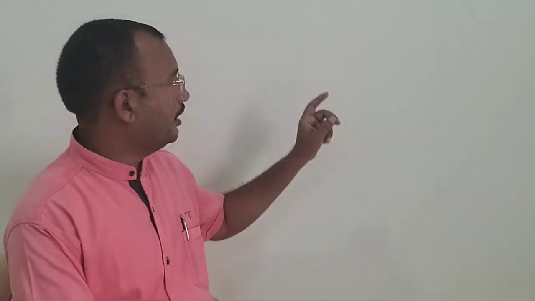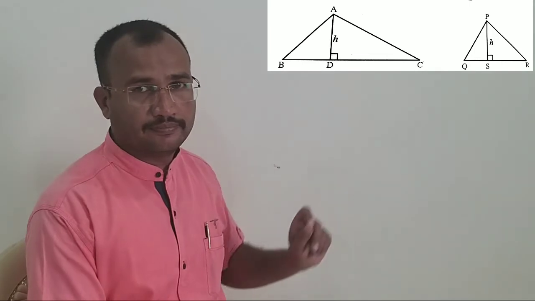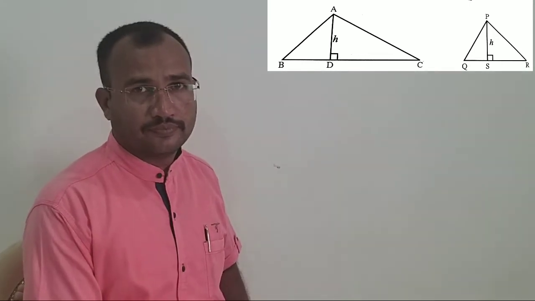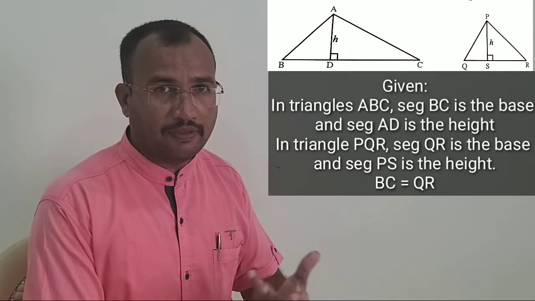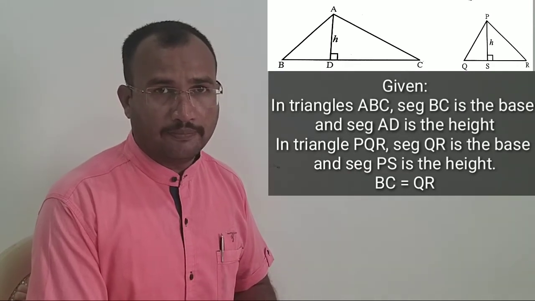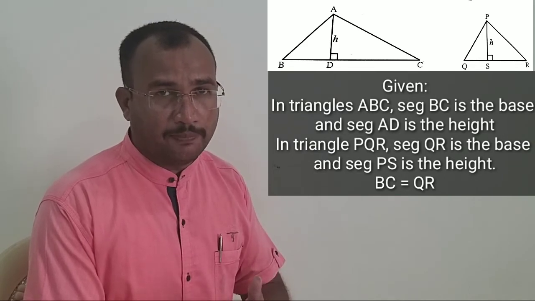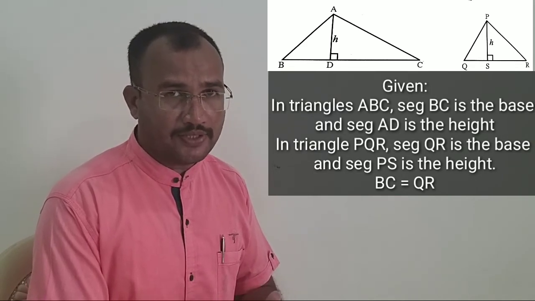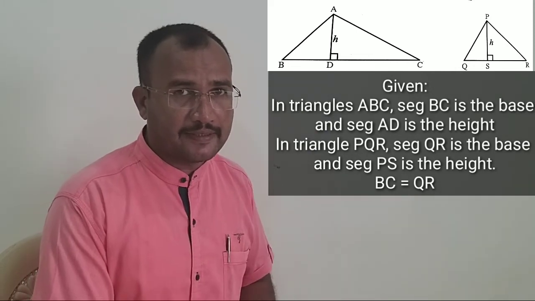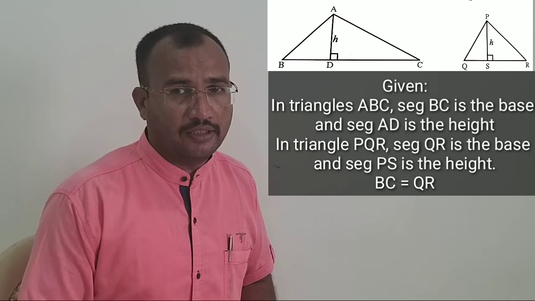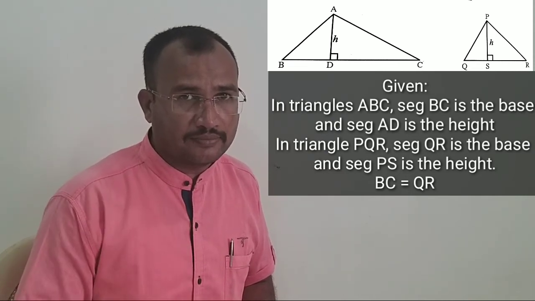Again, we can draw here the figure, triangle ABC and triangle PQR. Given is also same as in previous property. In first triangle, seg BC is the base and seg AD is the height. In second triangle, seg QR is the base and seg PS is the height.